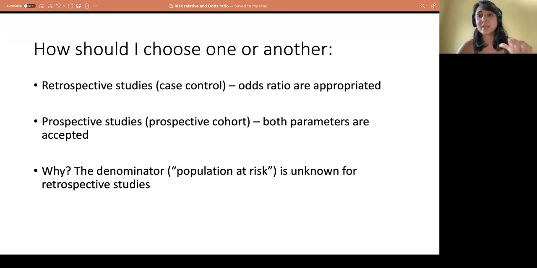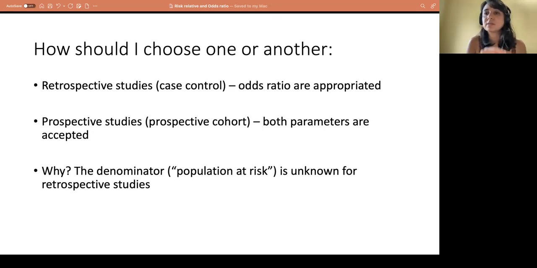On the other hand, when you have a prospective longitudinal cohort study, when you take 100 or 200 patients without the disease in the exposed group and 200 healthy patients without the condition, non-exposed, and investigate prospectively who will develop the disease or not, you know the population at risk.